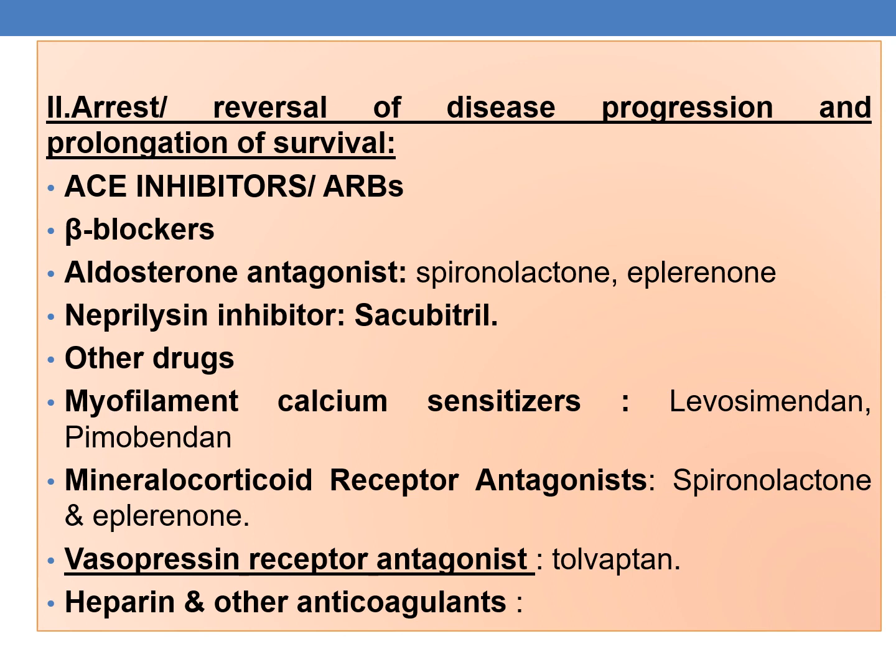Next are neprilysin inhibitors, an example is sacubitril, and finally other drugs used in heart failure are myofilament calcium sensitizers, examples are levosimendan and pimobendan. The next are mineralocorticoid receptor antagonists, which are nothing but spironolactone. And the next is a vasopressin receptor antagonist, tolvaptan, and finally heparin and other anticoagulants. These are some of the drugs which are employed in the treatment of heart failure.